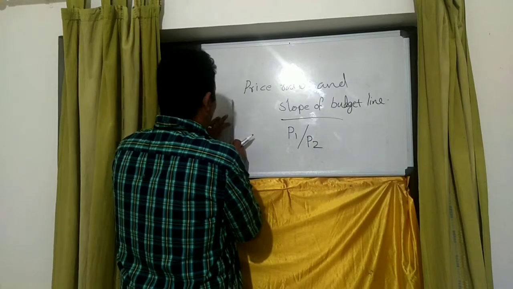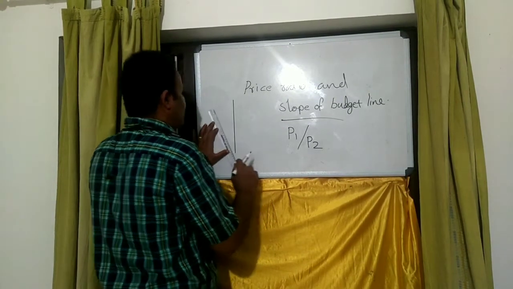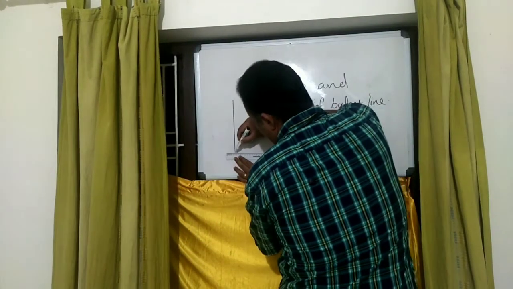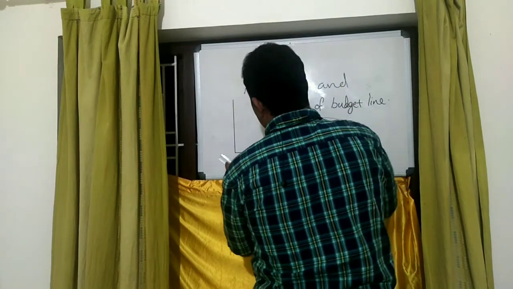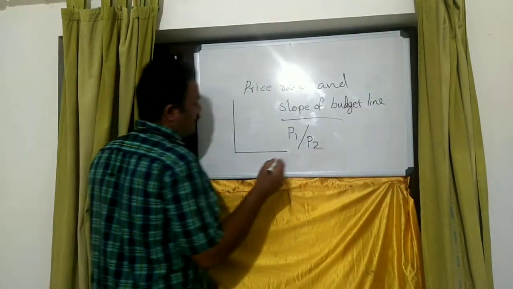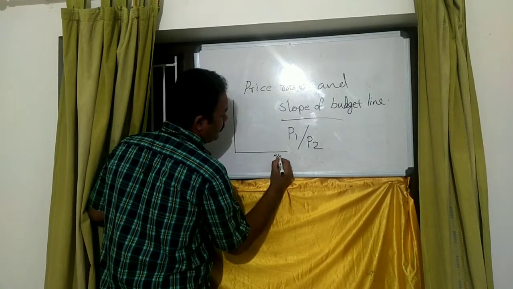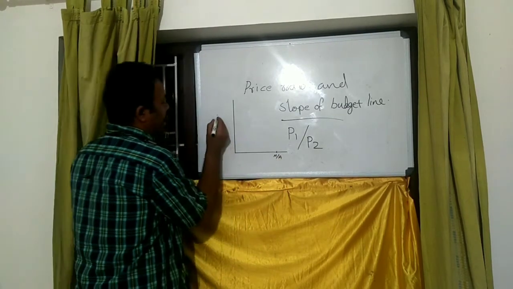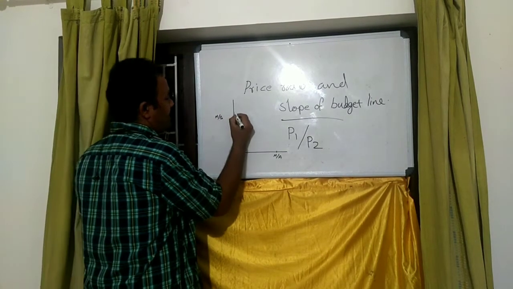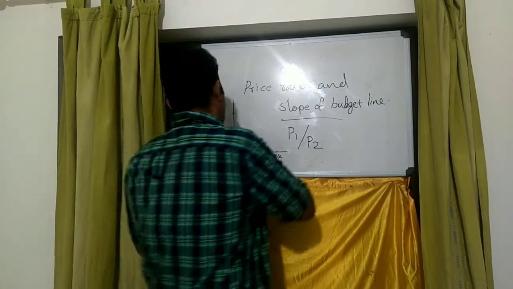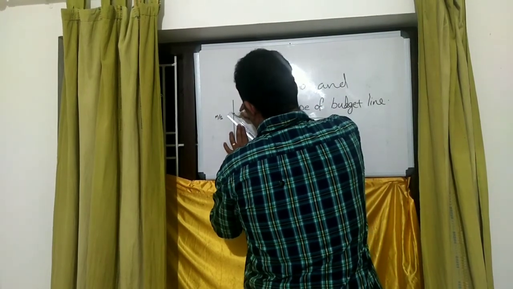Okay. Y-axis, then x-axis. M by P1, one point here, M by P2, another point here. By joining these points, we will get a line.